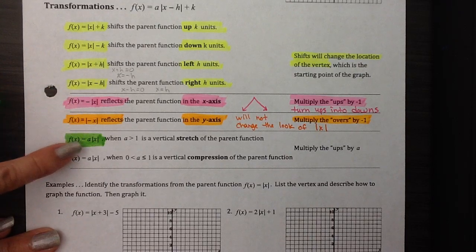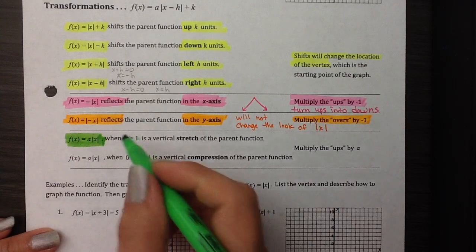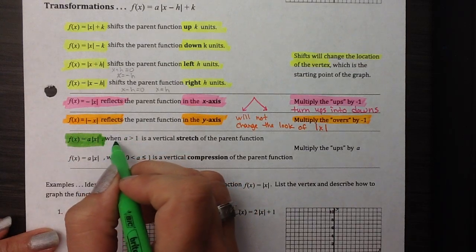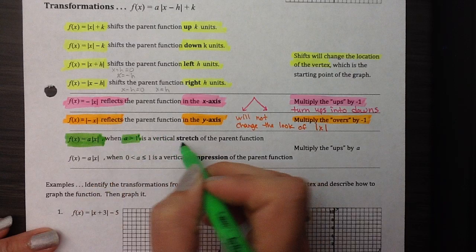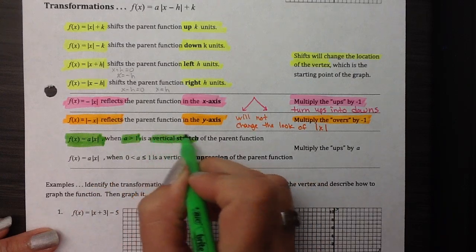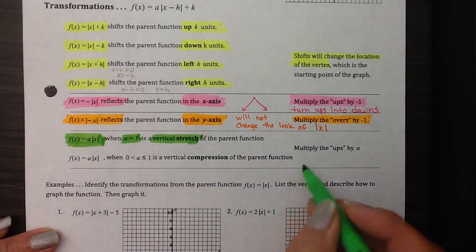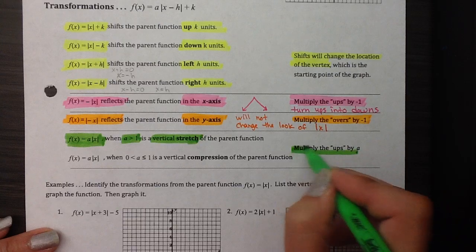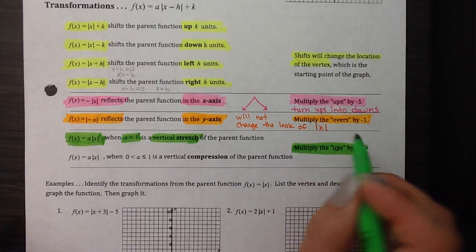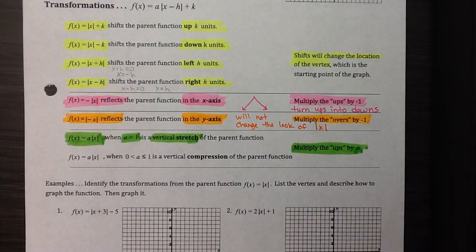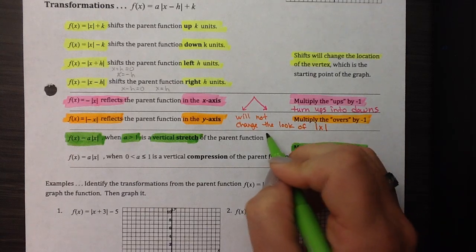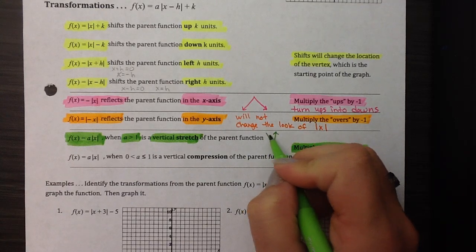It would be reflecting, but then also this stretch. So when a is greater than 1, you have a vertical stretch of the parent function, and so we're going to multiply all of our ups by that number a. So when we have a vertical stretch, it makes it taller and skinnier.